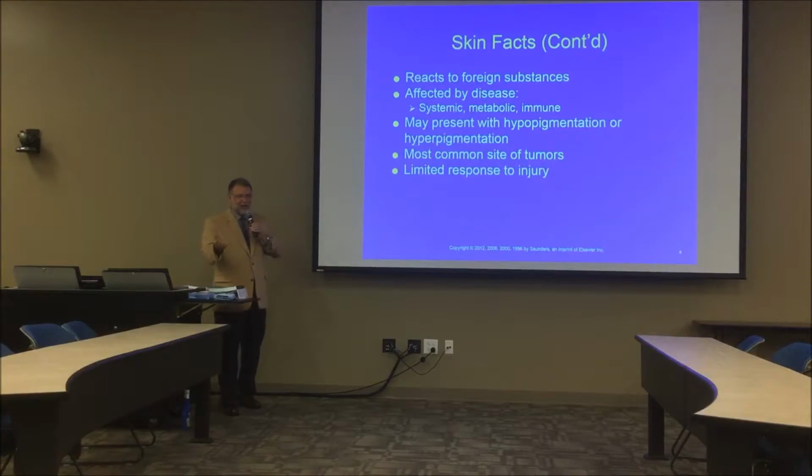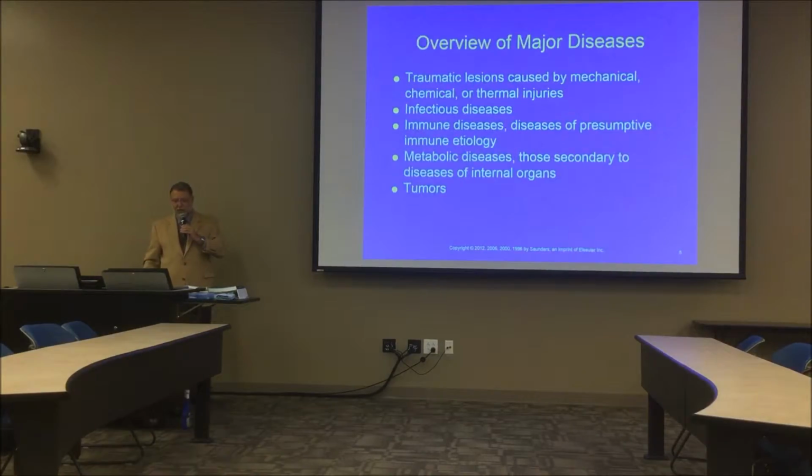We spoke about Addison's, the change to a darker color, or if you have exposure to sun, melanocytes will increase their activity by certain factors, and that will bring a tan, a darker color. And the skin also has a limited response to injury, as you can imagine.